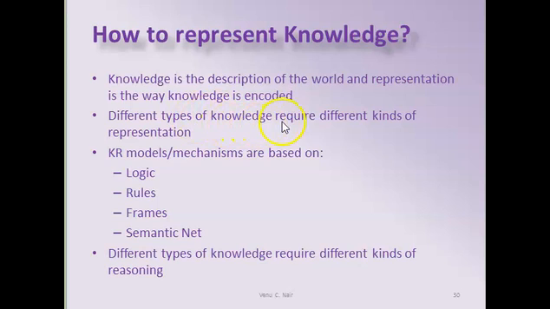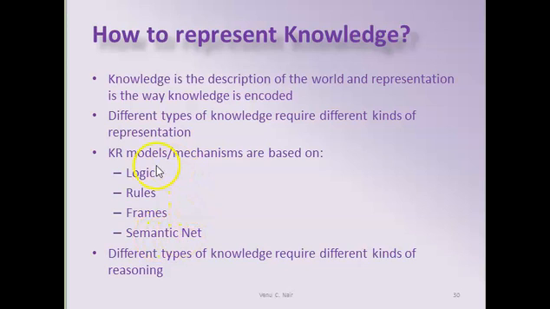Different types of knowledge require different kinds of representation. If the knowledge is of different types, then their representation also should be different. The knowledge representation models or mechanisms are based on logic, the rules, frames, and semantic net.